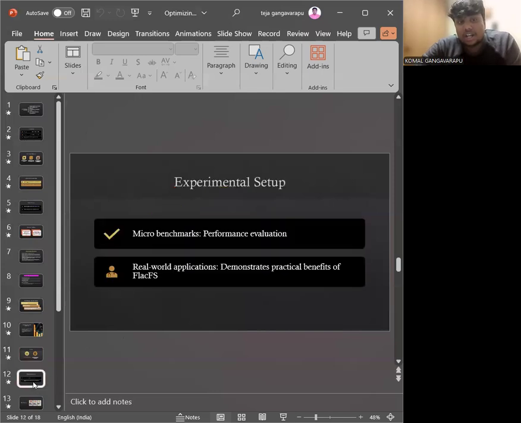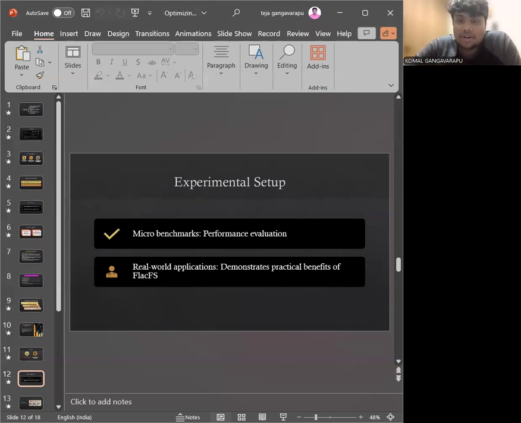Moving to the next slide, experimental setup. The experimental setup for evaluating the FLAC file system combines detailed micro benchmarks with real-world application tests.